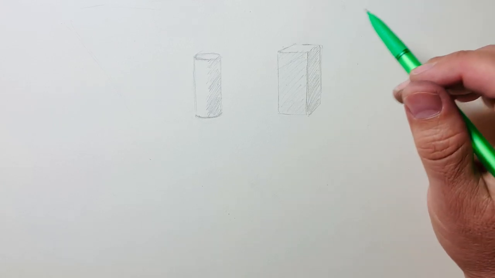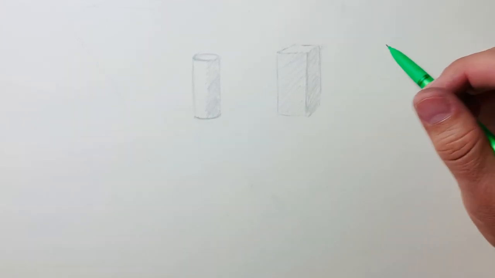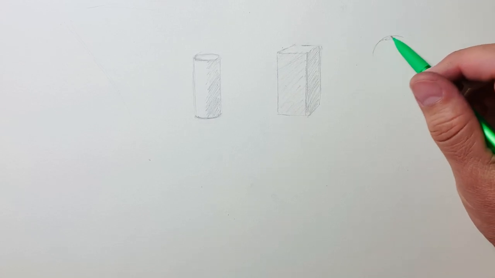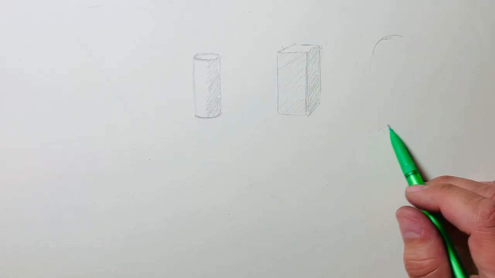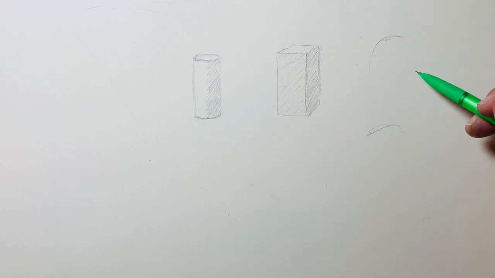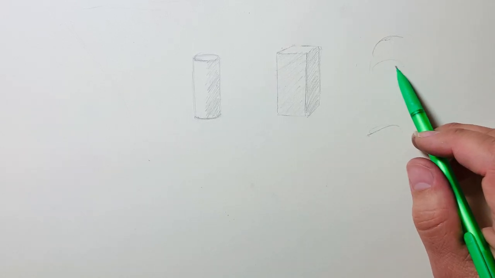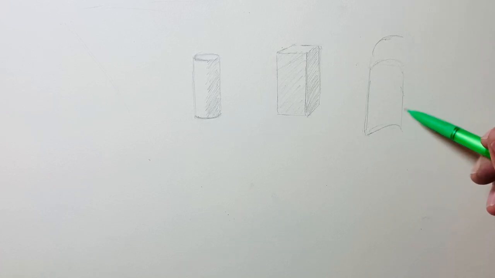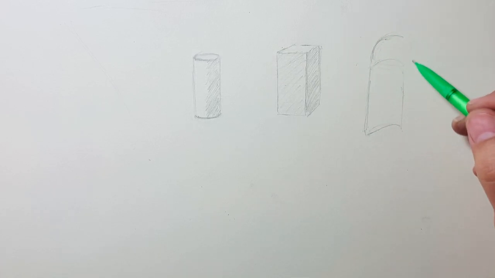So when you're drawing the figure, you have to think of it the same way. Say we got somebody's shoulder here, and then there's the upper part of the arm. That's why a lot of times I like thinking of it as basic shapes.